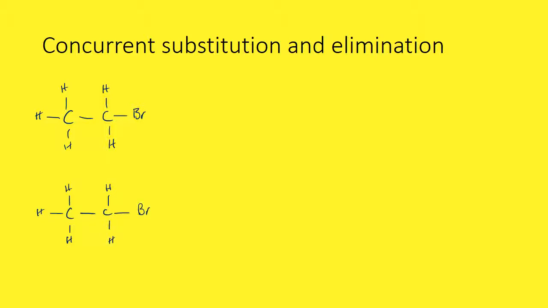Okay, so we've got bromoethane in both cases, but in this case we're going to have hydroxide ions dissolved in water under reflux conditions, whereas in this one we're going to have hydroxide ions dissolved in ethanol, also reflux. And so the top one is going to be substitution, the bottom one is going to be elimination.